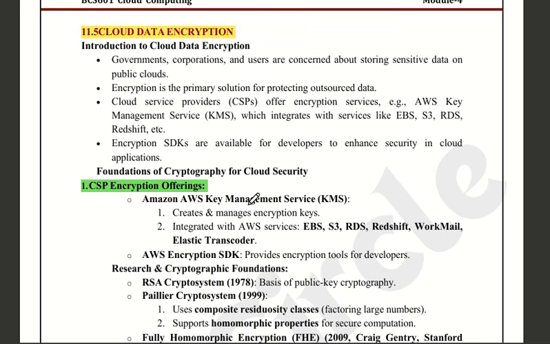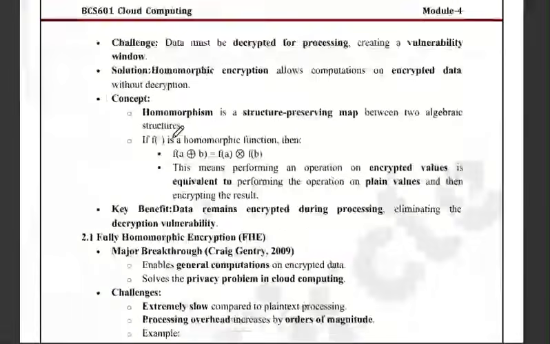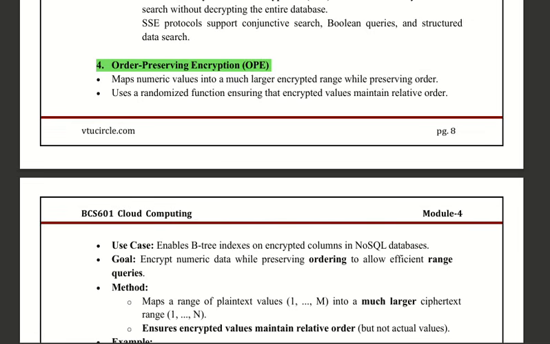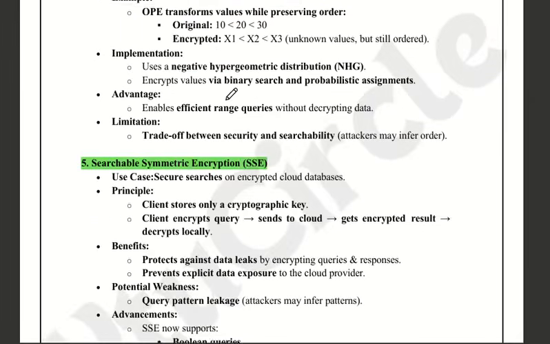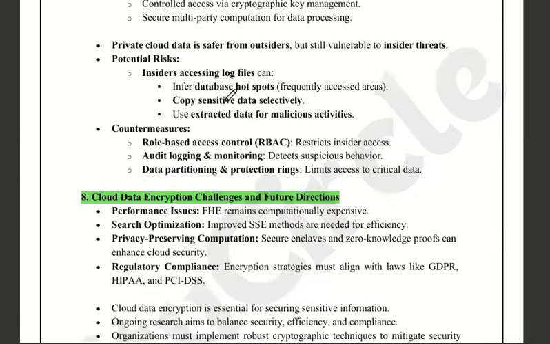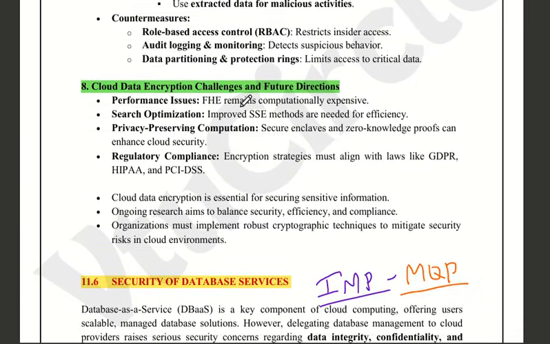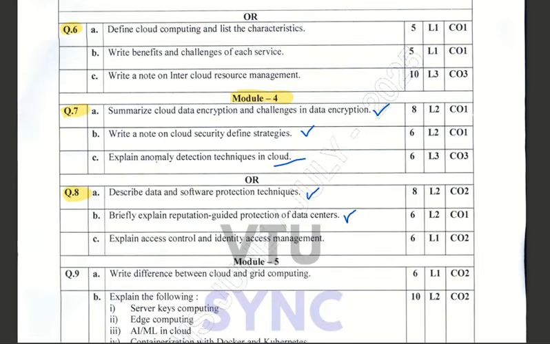That's it. Next, moving on to cloud data encryption. Here they have asked directly about cloud data encryption challenges and future directions. The question is: summarize cloud data encryption and the challenges in data encryption.